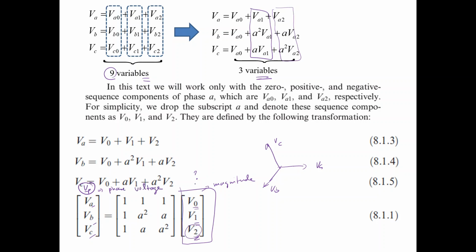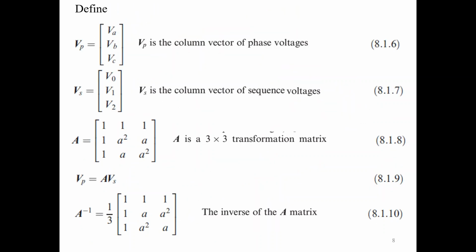And in this slice, we use the vector VS, which stands for the sequence voltage. So in short form, the phase voltages can be expressed in terms of a matrix A times the VS. VS is a sequence component.